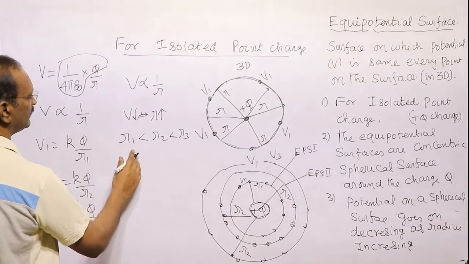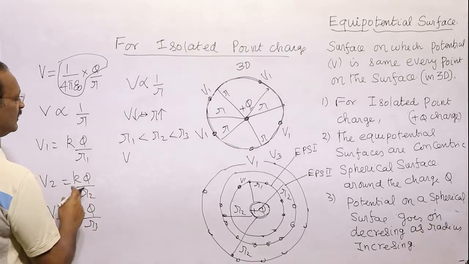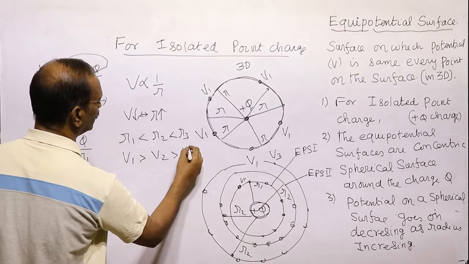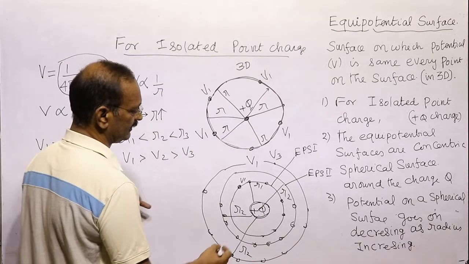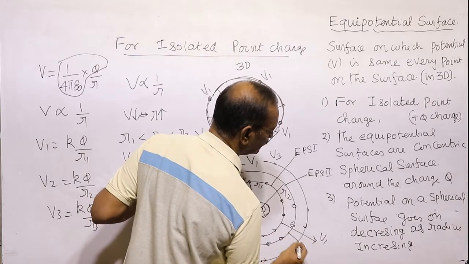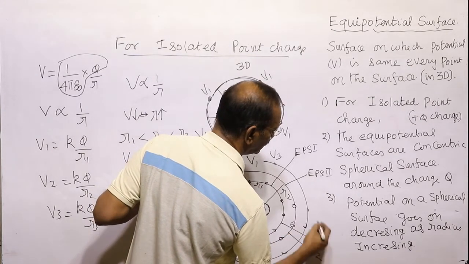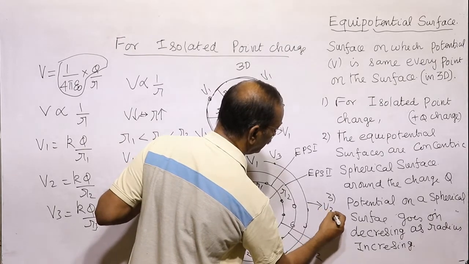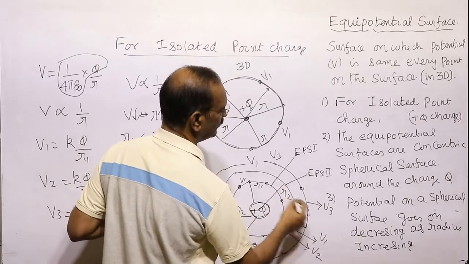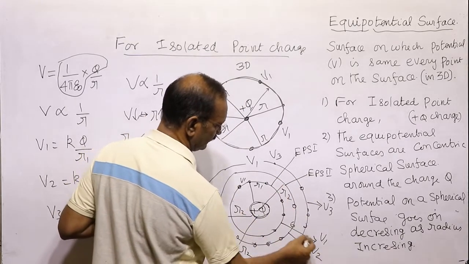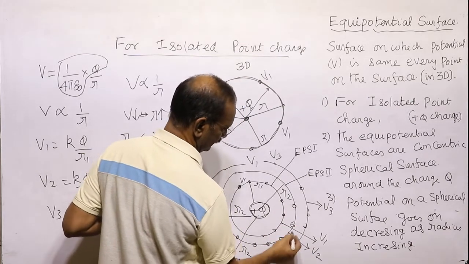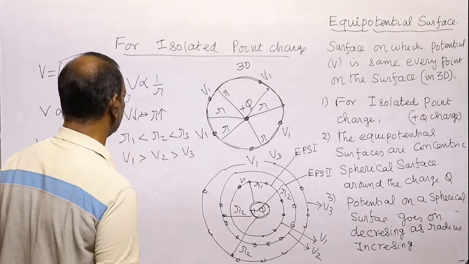Potential is inversely proportional to R, so V1 is greater than V2, which is greater than V3. Everywhere on the first surface the potential is V1, on the second it is V2, and on the third it is V3.